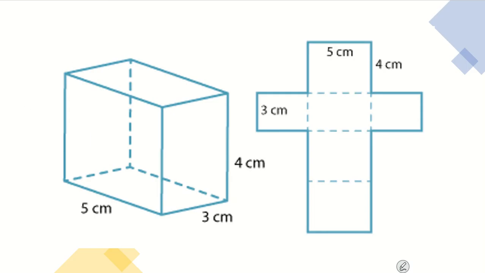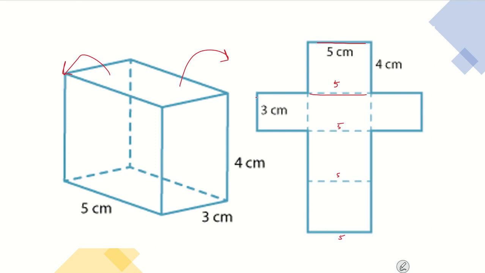All right, another box that has been unfolded and turned into a net. And we need to find, first, let's label the missing lengths. If that is 5 right there, this would also be 5. So 5, I'm just labeling everything. That way it's clear.